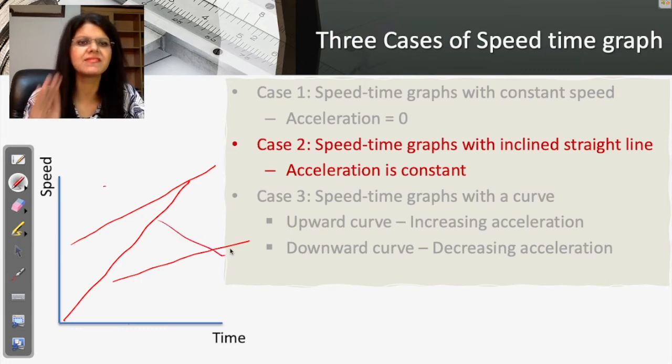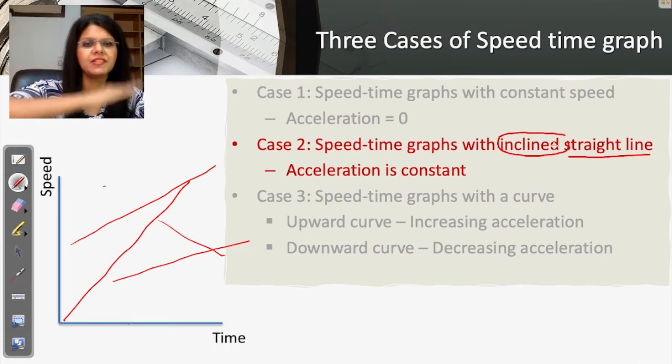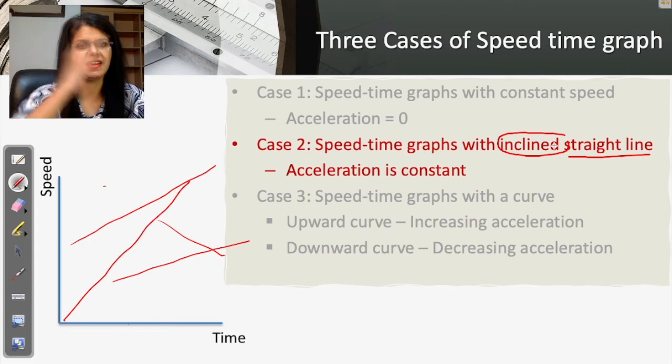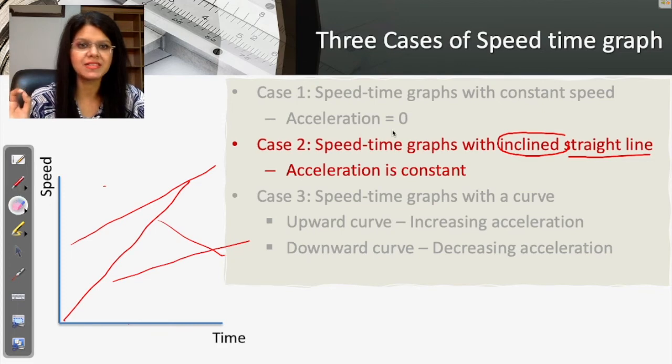It is a straight line. Inclined means it is not horizontal. We are talking about any other straight line. A straight line has a constant gradient.